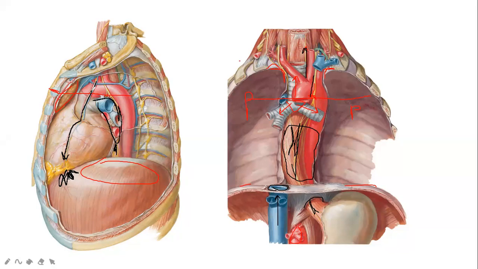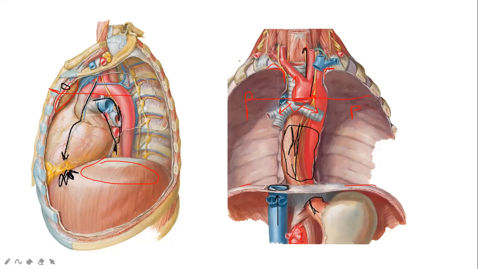It moves outside the fibrous pericardium, and moving with it are the pericardiophrenic vessels. The pericardiophrenic artery is a branch of the internal thoracic artery. Are we together there?